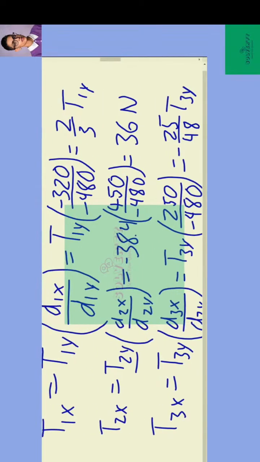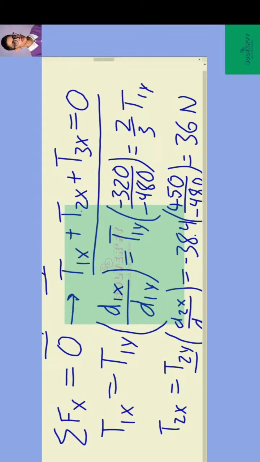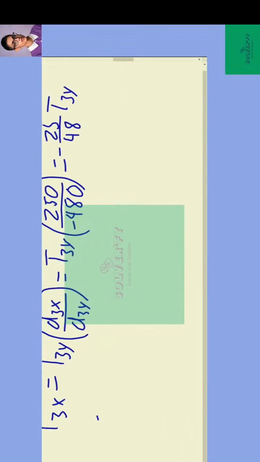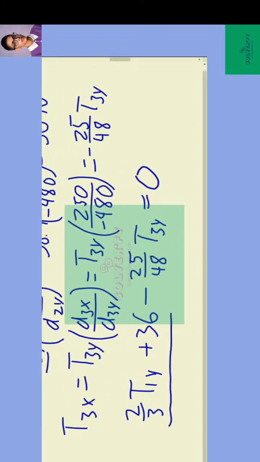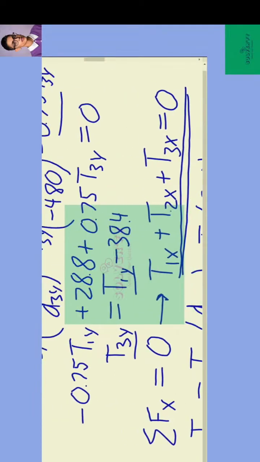Okay, so now we have our x components in terms of their y components. I'm going to substitute these values back up into this equation. We get 2/3 T1y plus 36 newtons for T2, and then minus 25 over 48 times T3y equals 0. So now we have our second equation relating T1y and T3y.